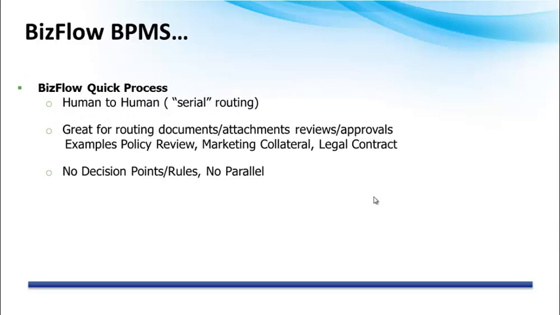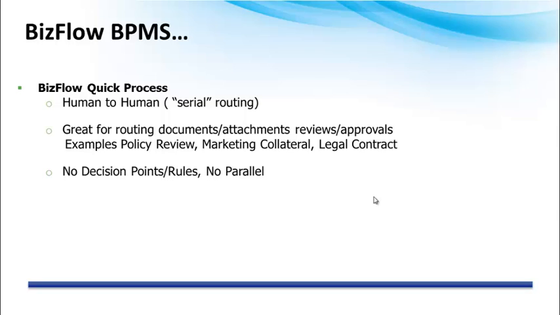To address more simple processes and to empower business users to create processes, BizFlow introduced a solution called Quick Process. It allows a business user, or it could be an IT user, to use a browser-based process wizard.